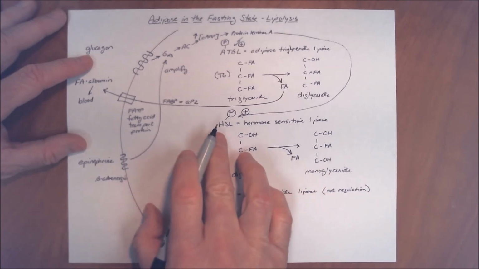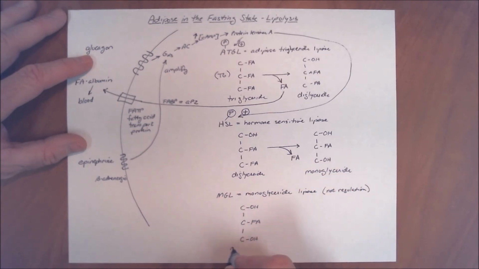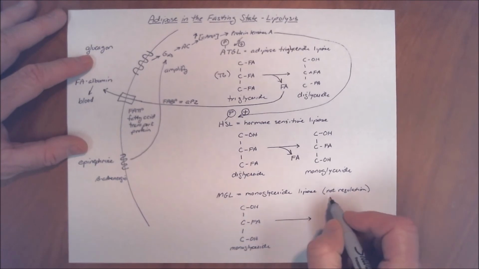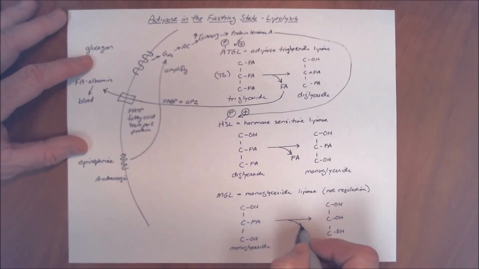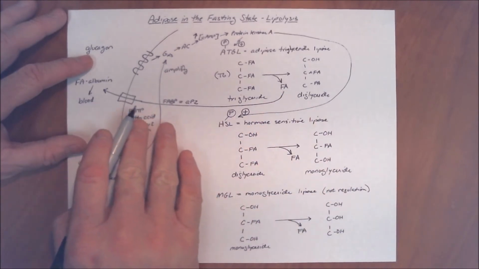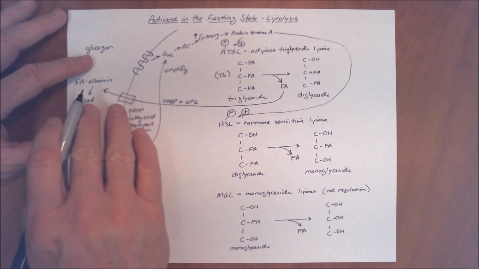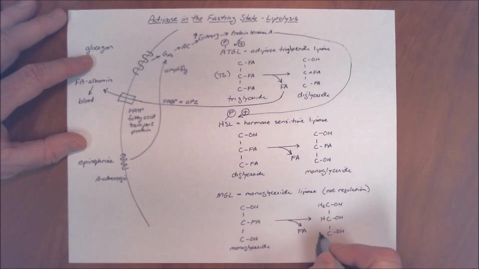In this case, once HSL produces the monoglyceride, it becomes a substrate available for MGL. The job, of course, of this enzyme is to produce the final free liberated fatty acid, which, like the original fatty acids, can exit the FATP transporter and couple with albumin for transport, and in addition generate a glycerol molecule.